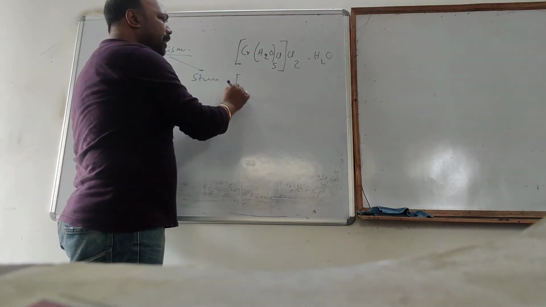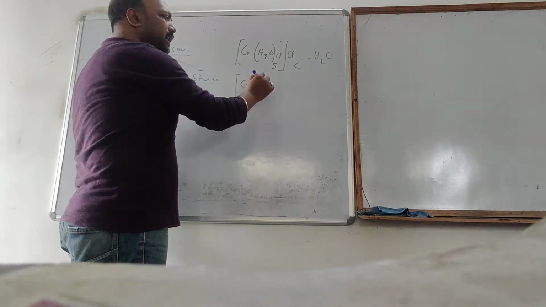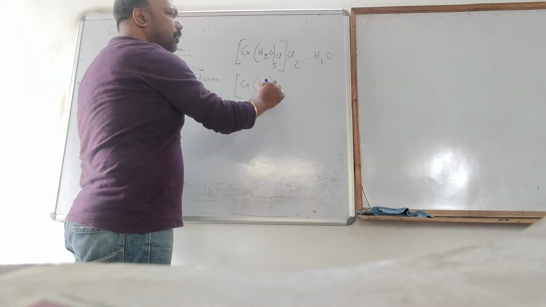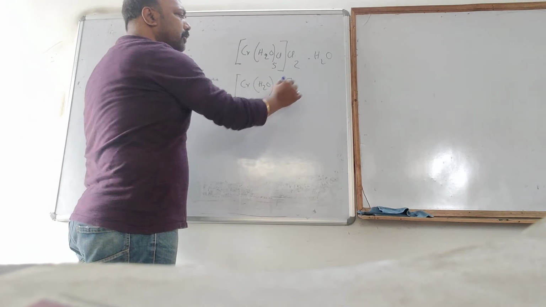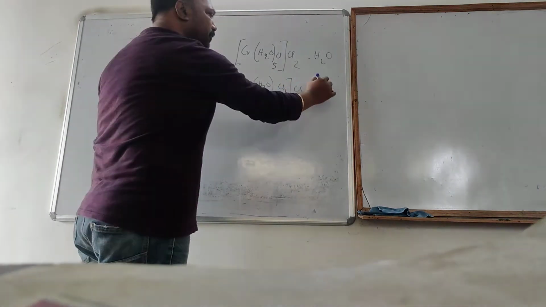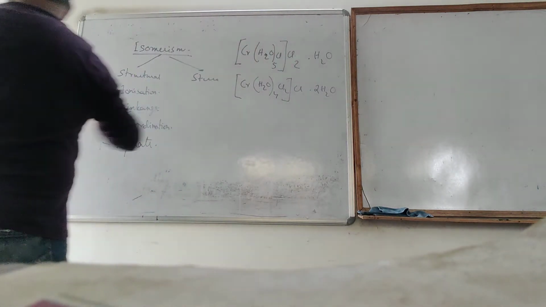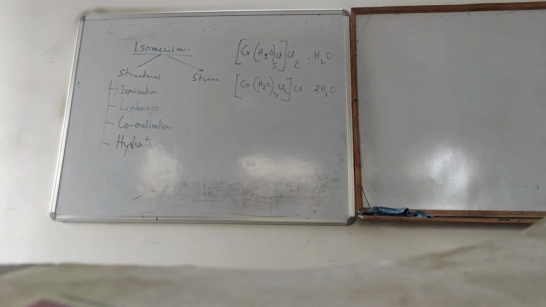And another one I'm writing, [Cr(H2O)4Cl2]Cl.2H2O. First you see whether they have the same molecular formula or not. They have the same molecular formula. Fine. How are they differing? The number of water of crystallization molecules.